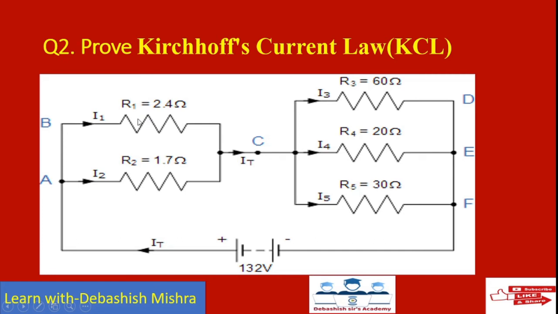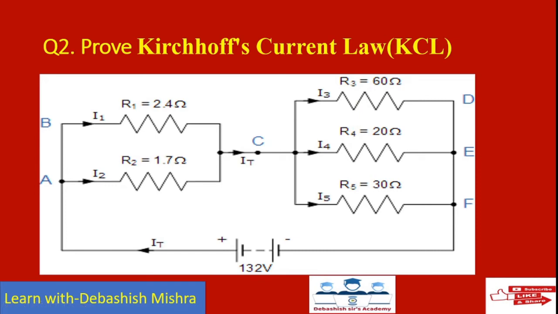It is clearly seen that R1 and R2 are connected in parallel, because two different currents I1 and I2 are flowing, and the starting point and ending point are both the same. And similarly R3, R4 and R5 are connected in parallel, with different currents flowing and the same starting and ending points.